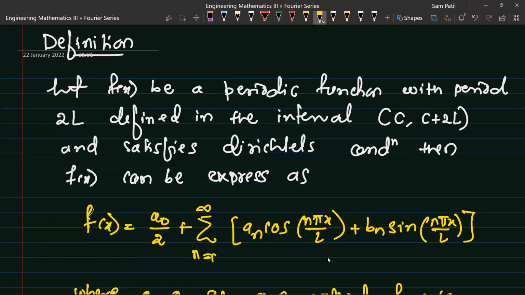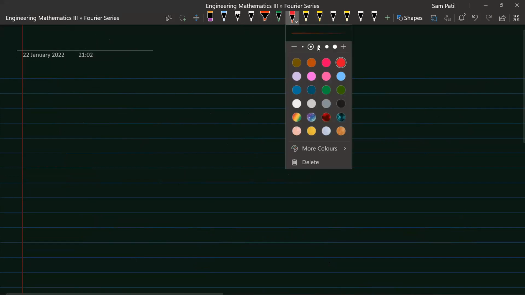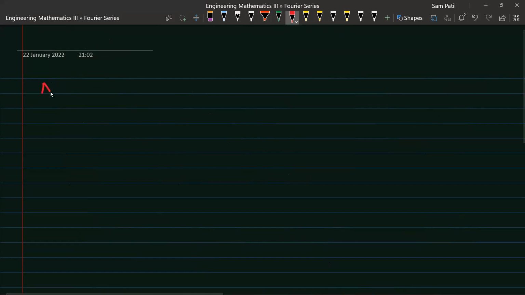Fine. Now let us move forward to the table used to solve the example. Let me explain that table first. The first thing is the name of the series, then the interval, and then the Fourier constants and the expression for the Fourier series.